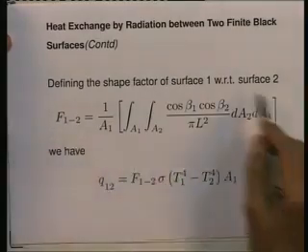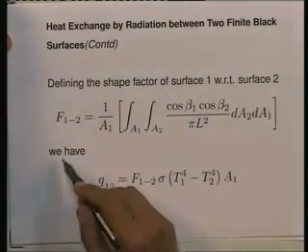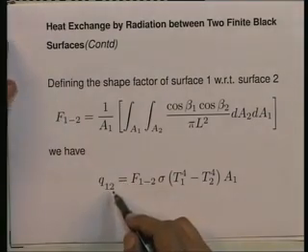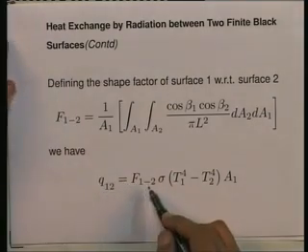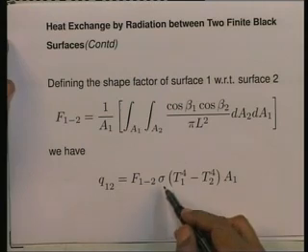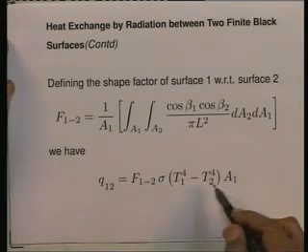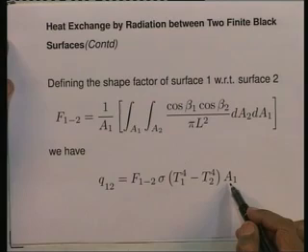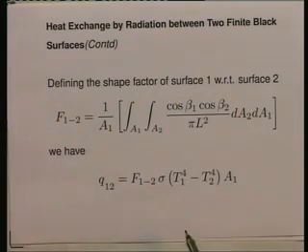If we use this definition of shape factor, our expression for Q1 to 2 becomes Q1 to 2 is equal to F1 to 2 sigma T1 to the power of 4 minus T2 to the power of 4 into A1.